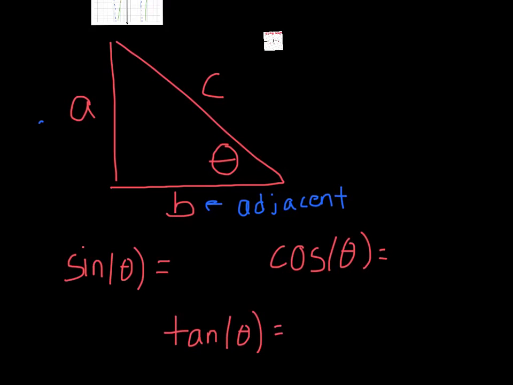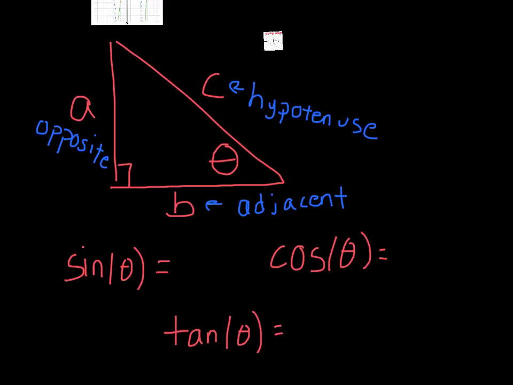So let's write that out. Opposite. Okay? And we all know that any side that's opposite to the right angle is called the hypotenuse. I think I spelled that right. Yeah, I'm not sure. Okay.